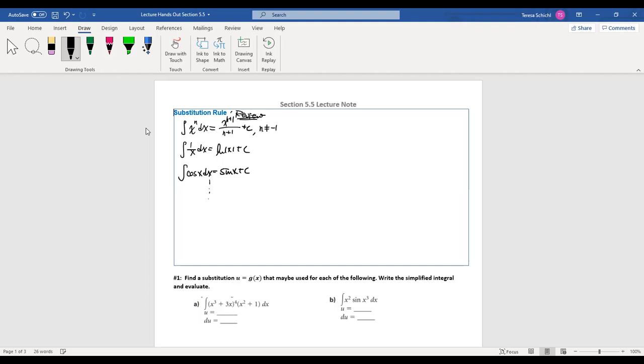And the integral of cosine x dx is sine x plus c. For those formulas, we all have the single variable x, right?